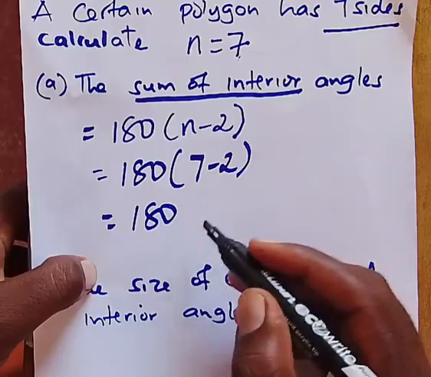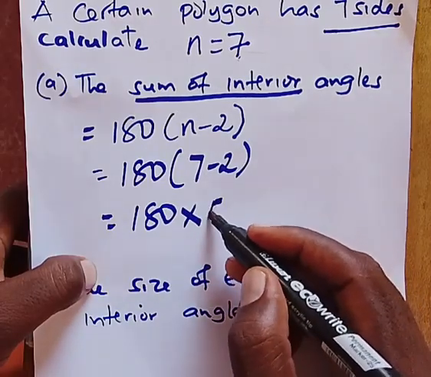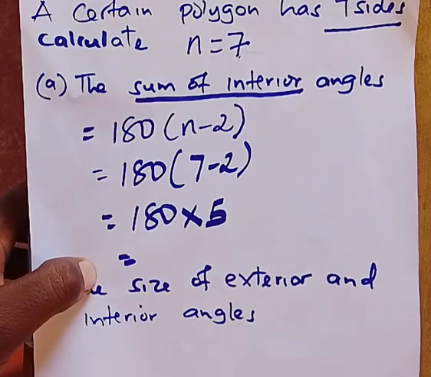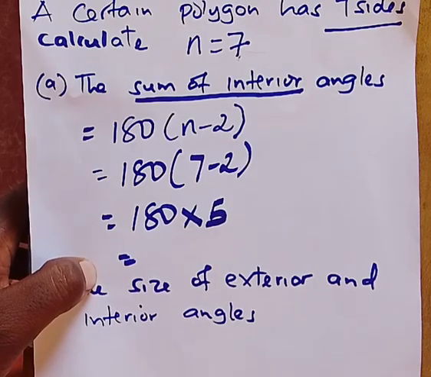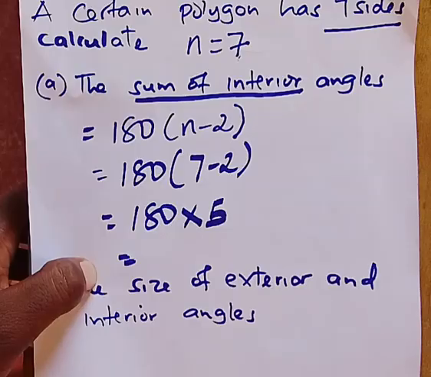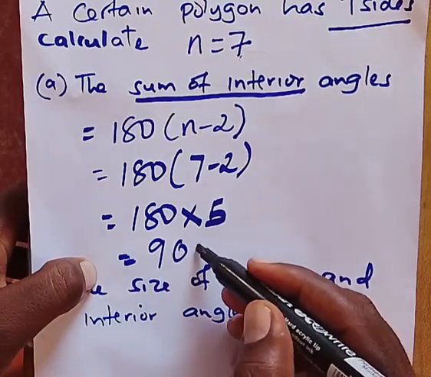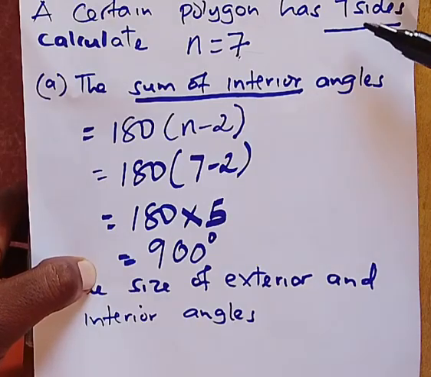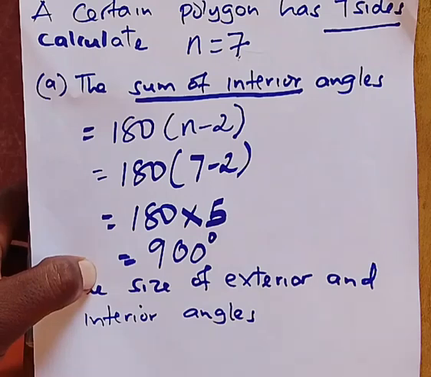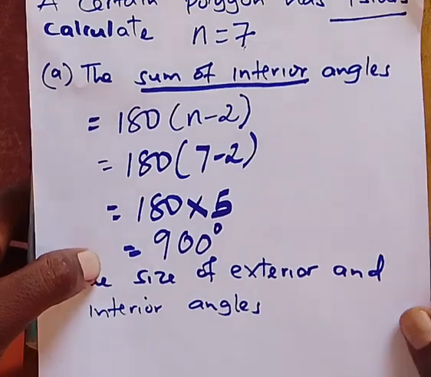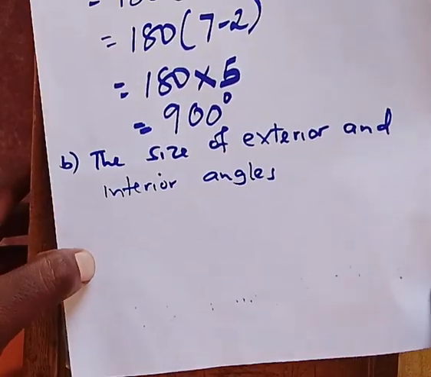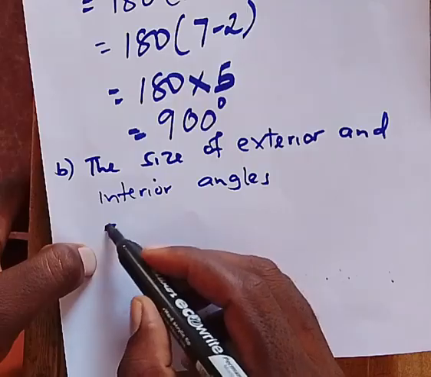So we'll have 180 times 5, which gives 900 degrees. So the sum of interior angles of a polygon with 7 sides is 900 degrees.